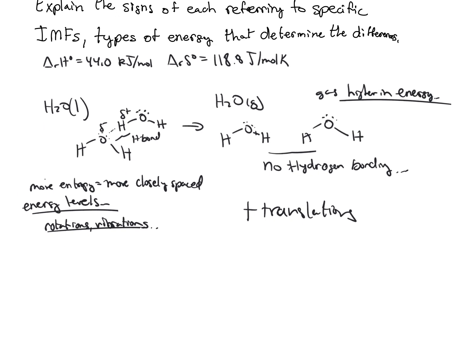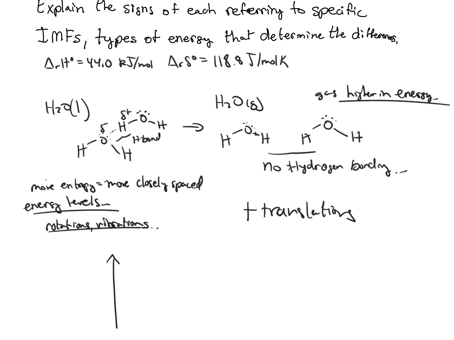If I put all of this together on one of our cartoon energy level diagrams, and I've got H2O liquid and H2O gas, reactants and products, the liquid water is lower in energy. So that means the ground state of the liquid water has to be lower in energy than the ground state of the gas.